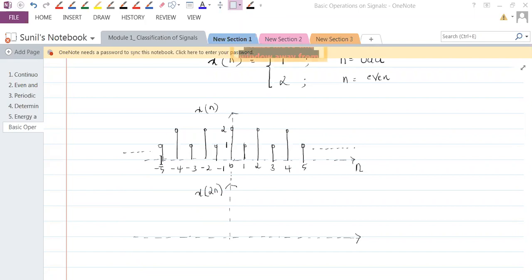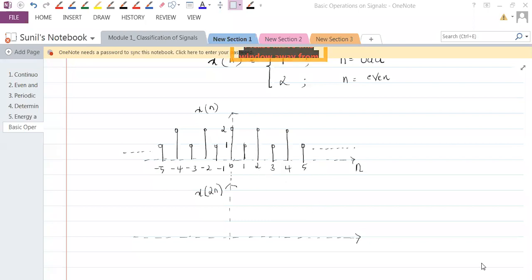The sample at -5 should come at -2.5, which is not to be seen. That means you'll be losing all the samples which are there at odd instants of time. You will only have the samples existing at even instants of time.